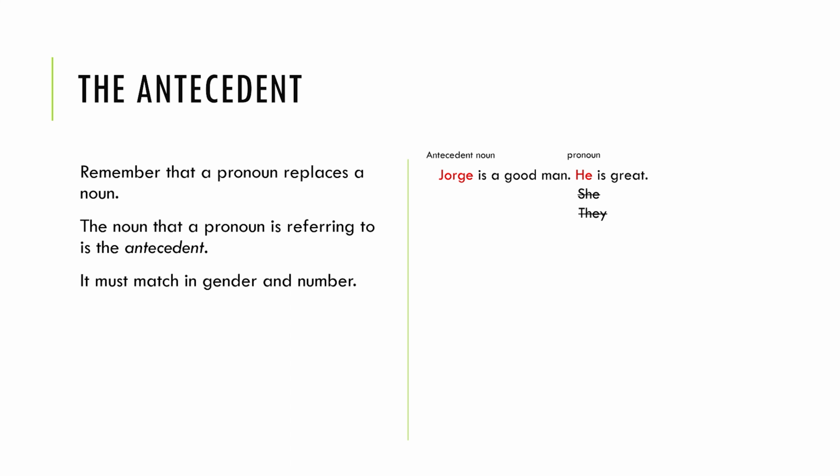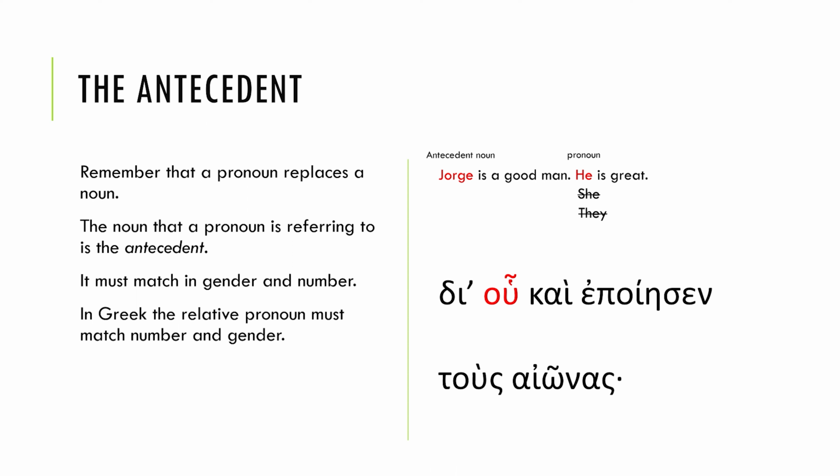So we have di' hou kai epoiesen tous aionas. You might remember that dia is "through," and we just learned the relative pronoun hou. Hou is "who" in the genitive. Now it's in the genitive because it's attached to a preposition, so we're not going to say "of whom."